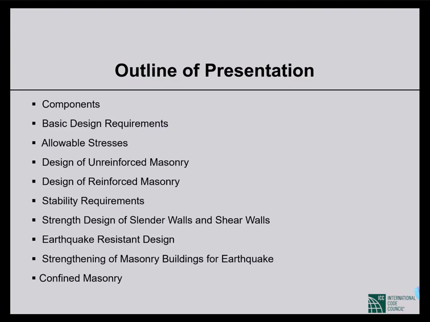Now, there are some provisions regarding the material that we can use for strengthening of masonry buildings for different seismic zones. And lastly, we introduced a new type of masonry construction, confined masonry, which is quite resistant from an earthquake loading point of view, and not that expensive, quite affordable, but we have to know the construction method and sequence of construction, and that is not difficult.